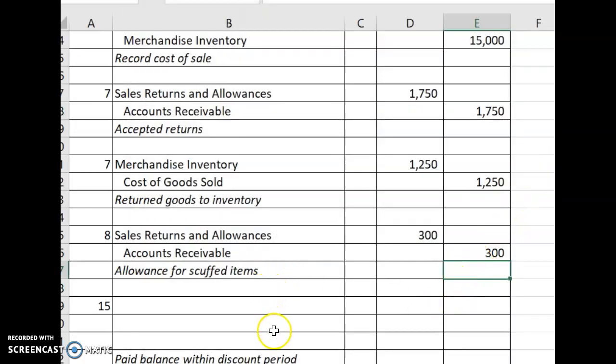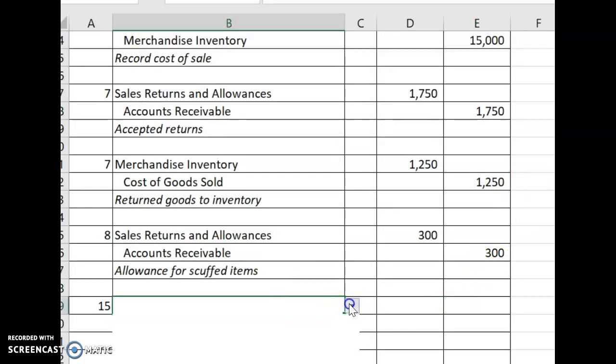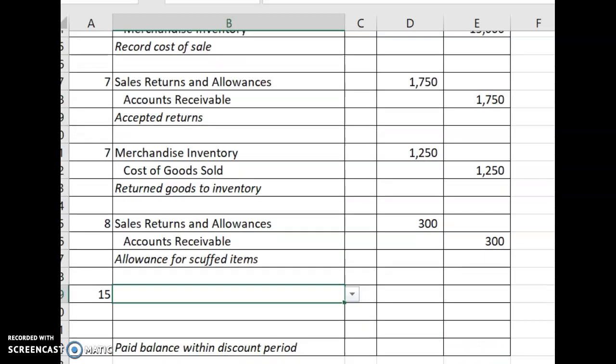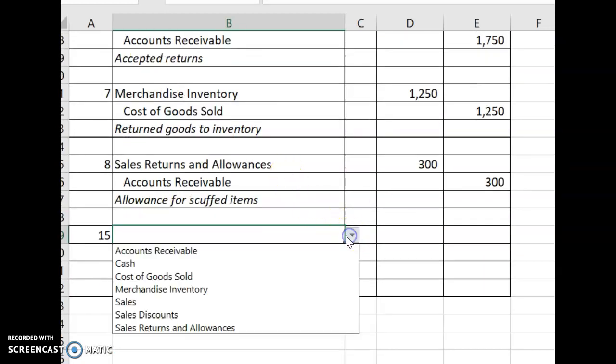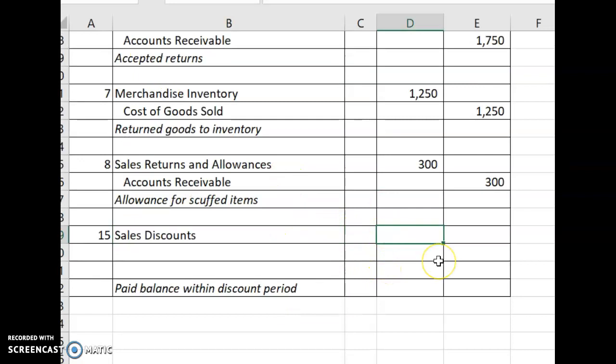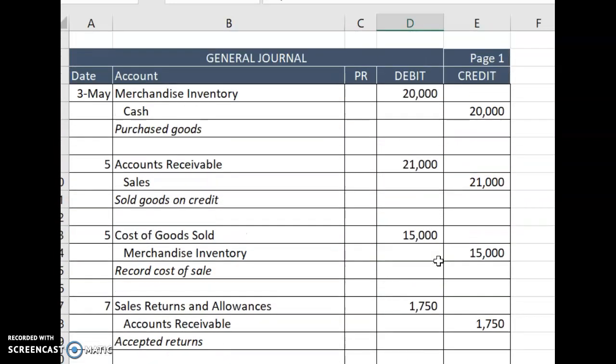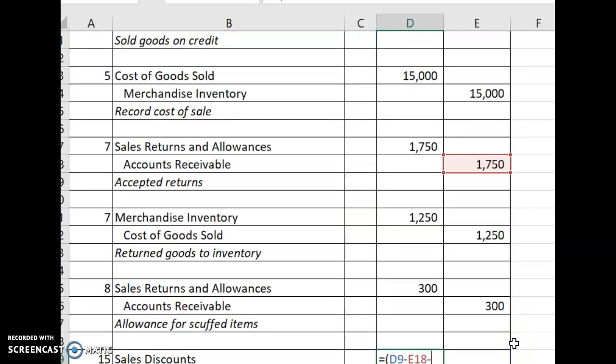So over here, let's do our sales discount. And I'm going to just make sure that my math was good, so I'm going to do it within Excel. So I know that it is my original sales number up here, the accounts receivable, minus this return, and then minus this allowance, and multiply that by 2%.